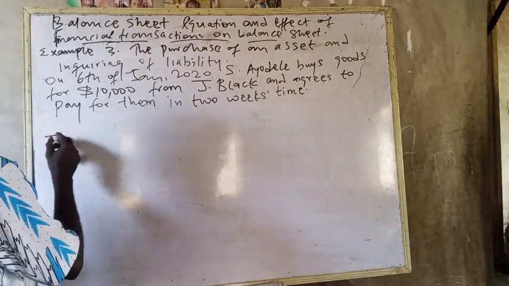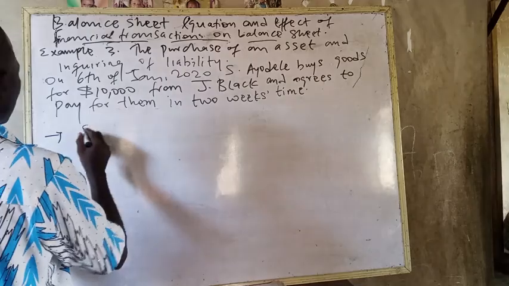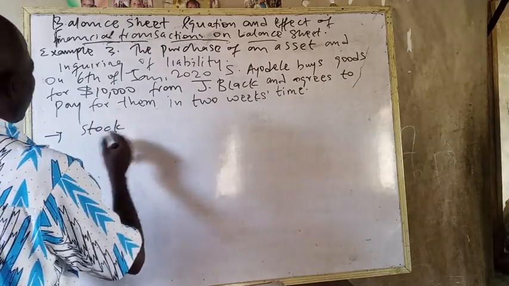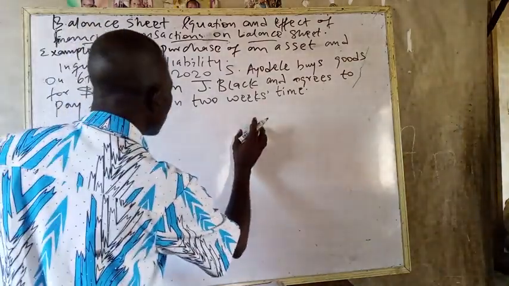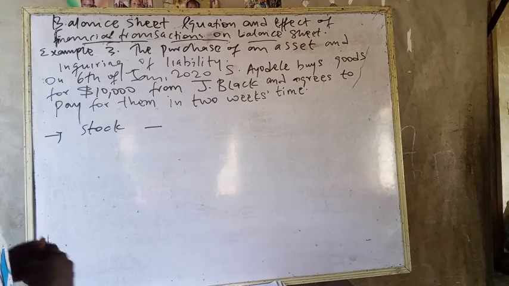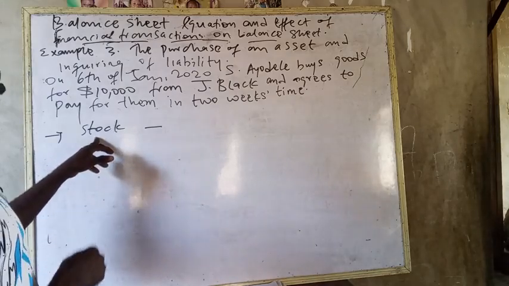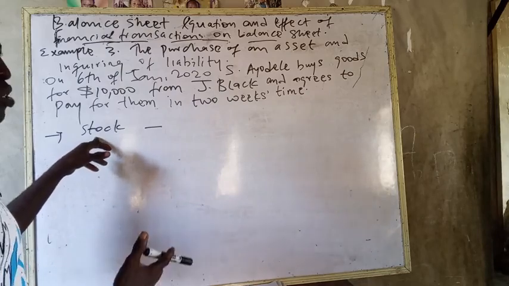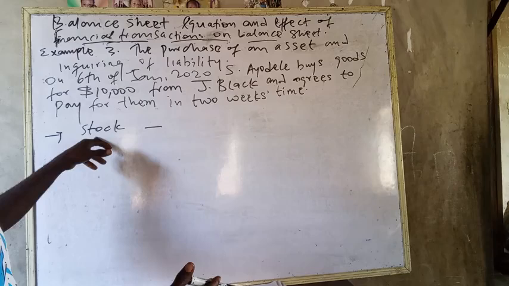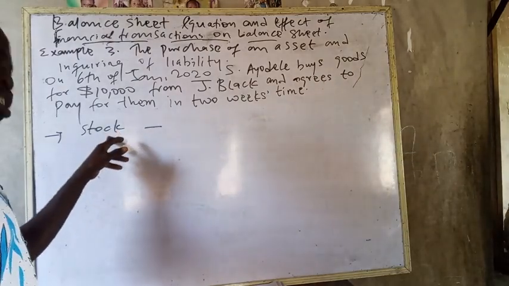This will affect two things. It will affect stock, because of the purchase of goods. When goods are bought on credit, it's also represented by stock or inventory. That is purchases in the double entry, but in the balance sheet it is stock.